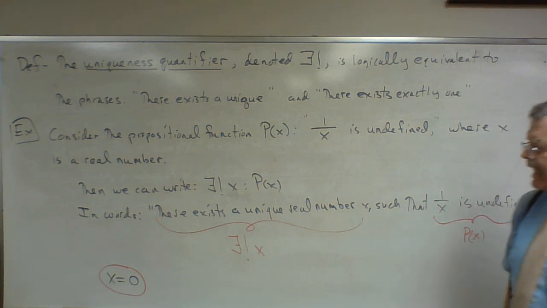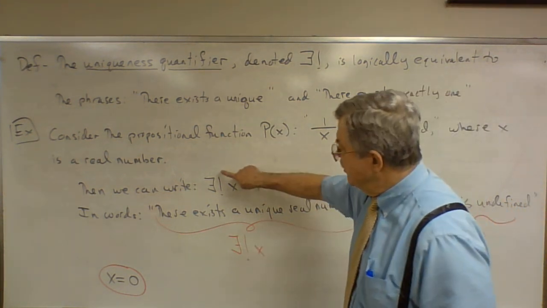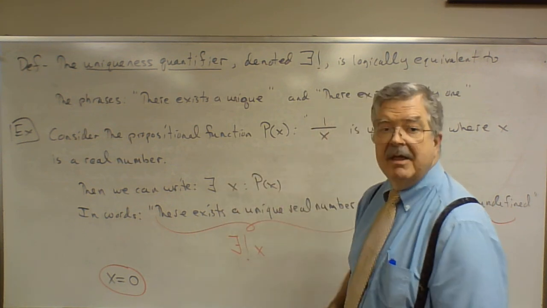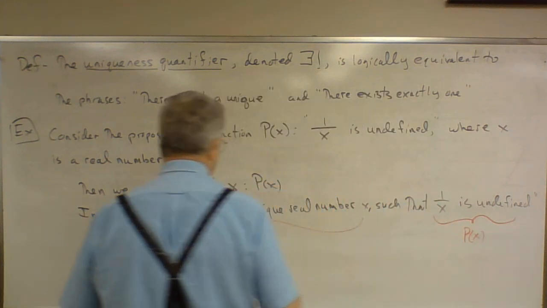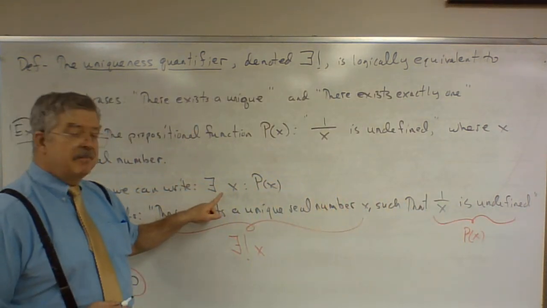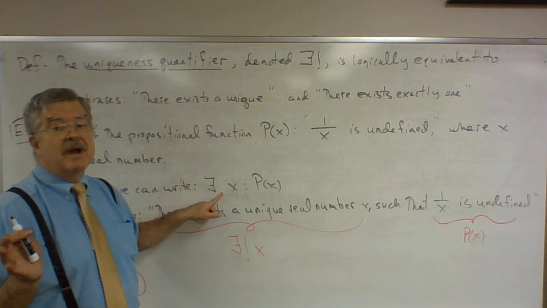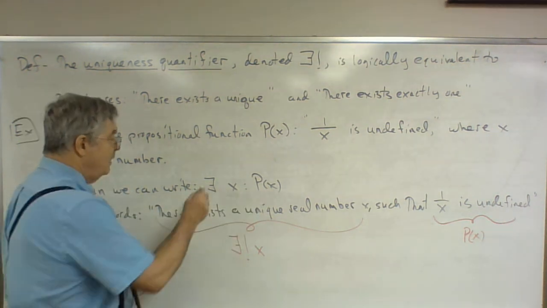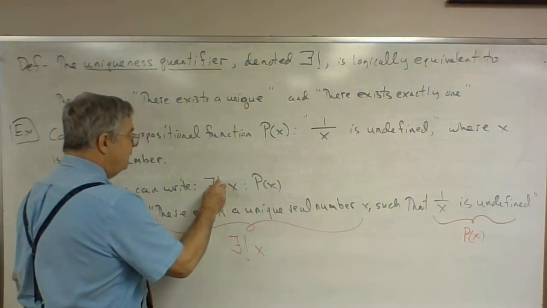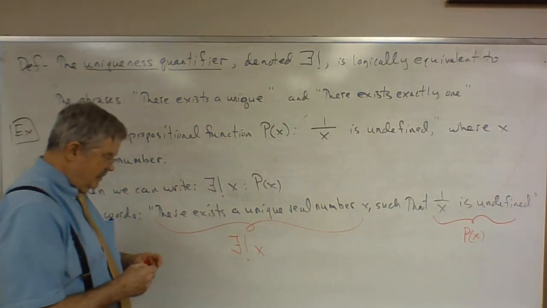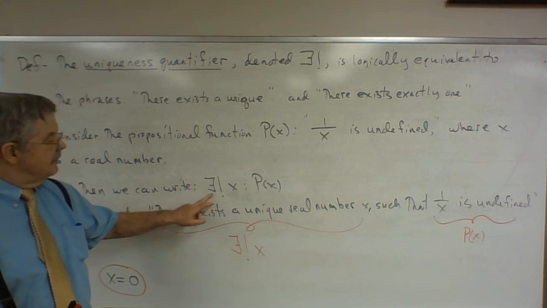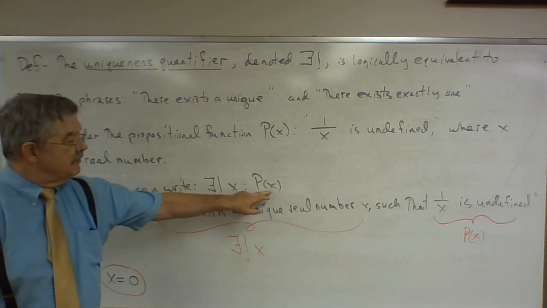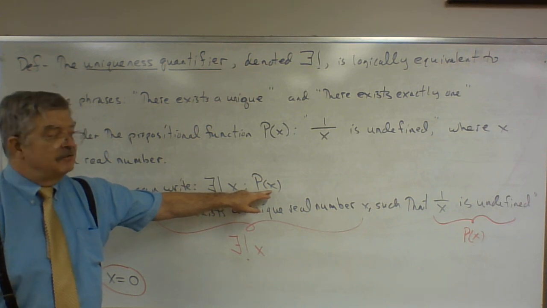So we could say there exists an x such that p of x, and that would be true. But this would imply that maybe there exists more than one x such that p of x is true. If we want to be precise, and in this case we can, we'll say there exists exactly one real number x such that 1 over x is undefined.